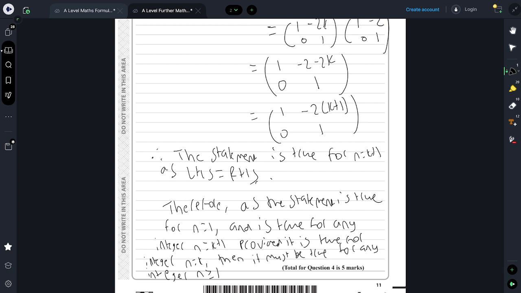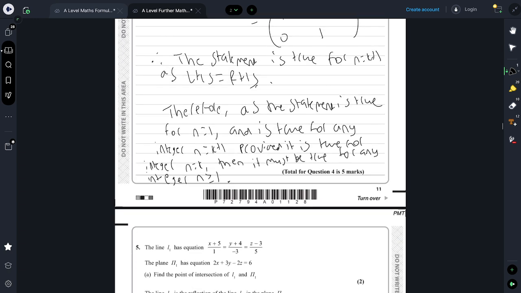So n is 1 is our basis, and every number after that, by a chain of reasoning, the chain and chain, it'll then be true for every number after 1 as well. And yeah, that's the idea behind that.